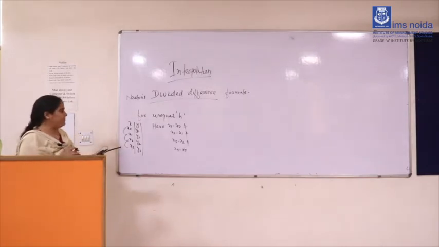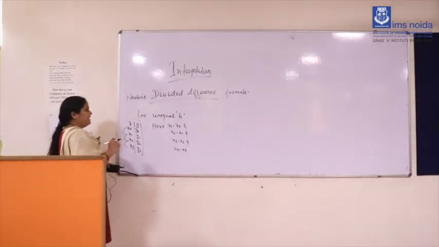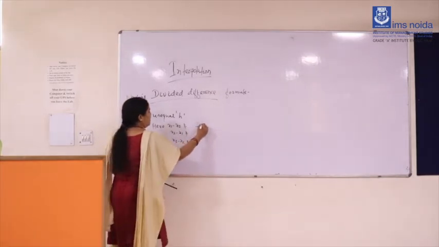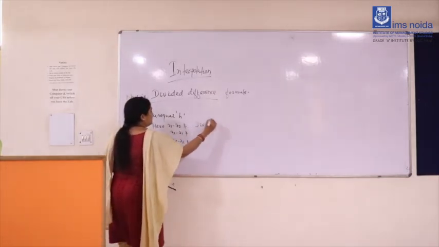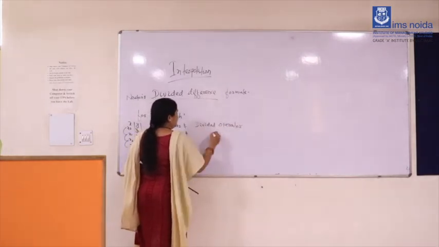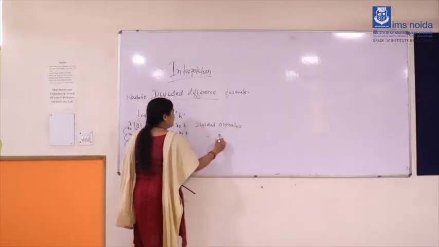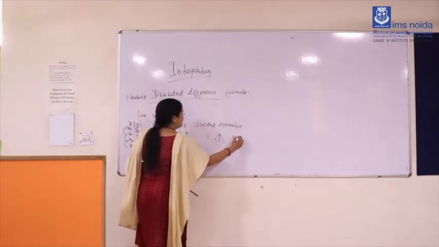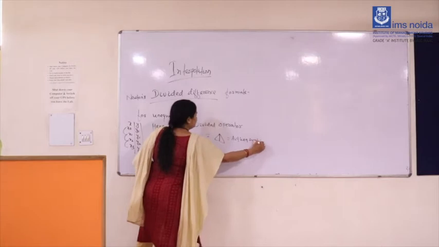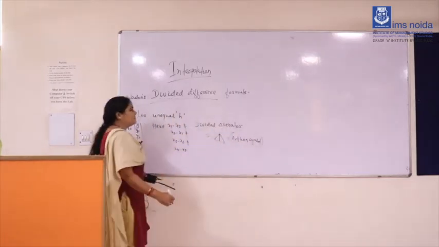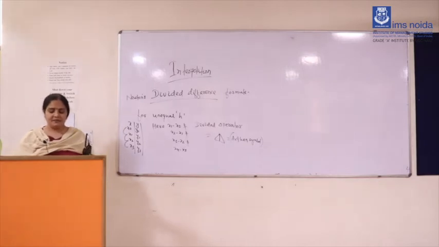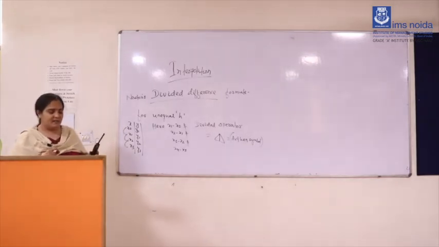Now the divided operator symbol is known as the Aitken symbol. This symbol is applicable, so you can write f[x1, x2].